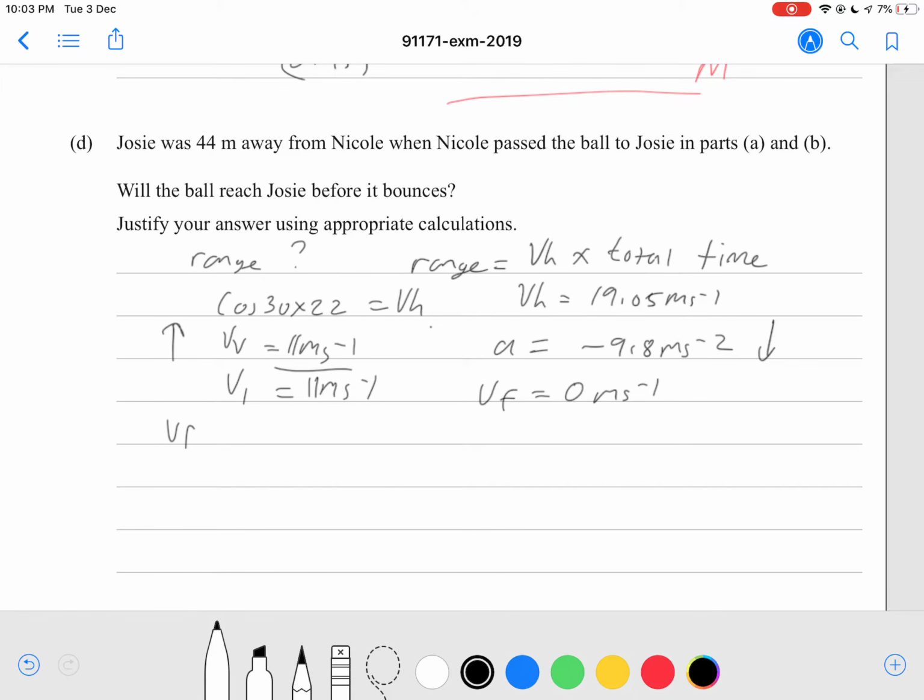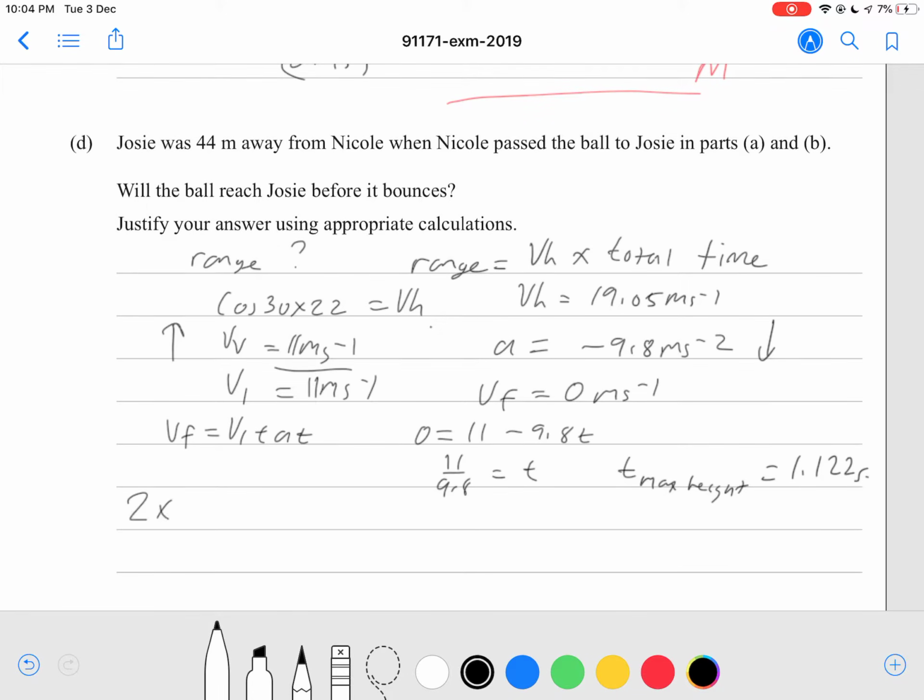So we can use VF equals VI plus AT. Therefore 0 equals 11 minus 9.8T, so T equals 11 divided by 9.8. That gives our time to max height equals 1.122 seconds.